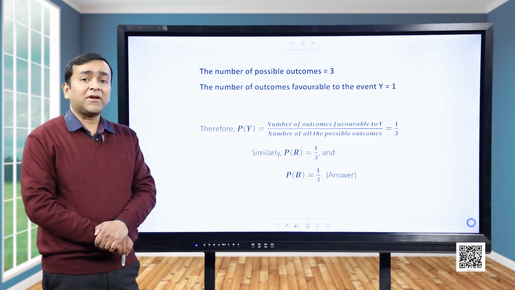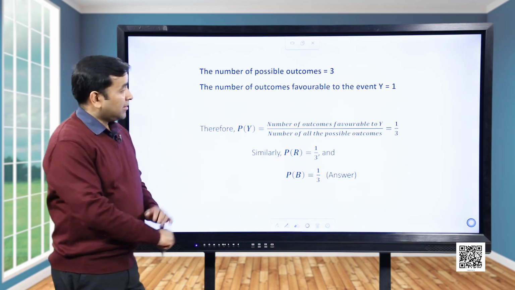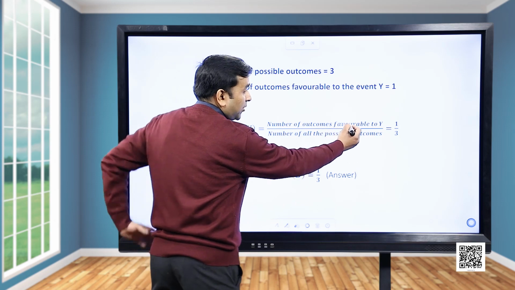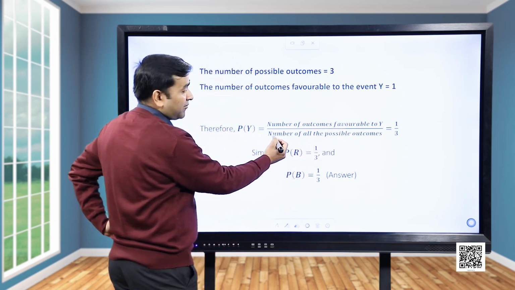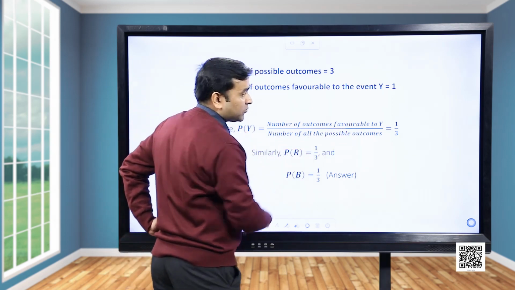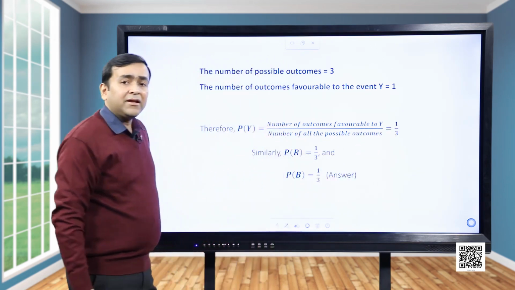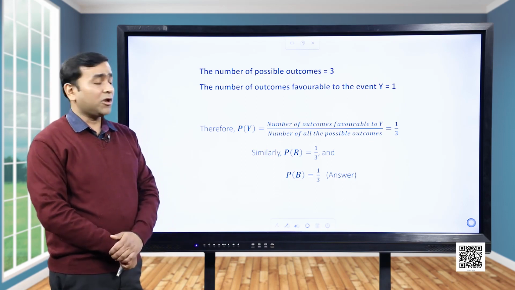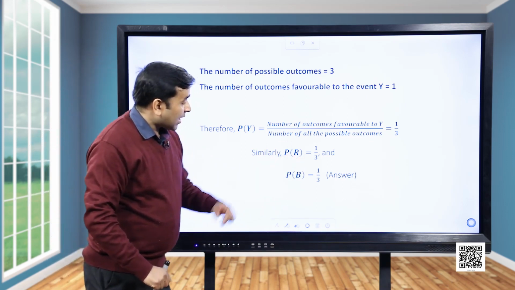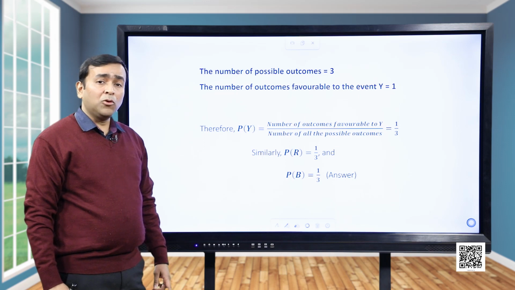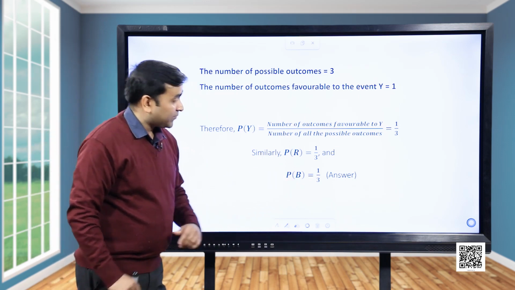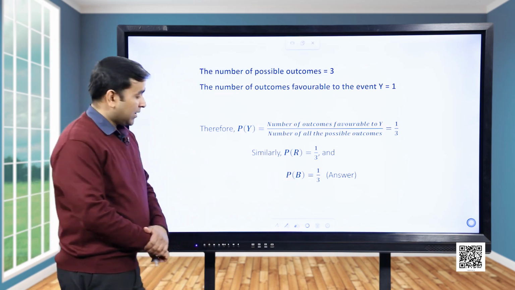The probability of taking out a yellow ball is 1 upon 3. Similarly, the probability of taking out the red ball is 1 upon 3, and the probability of taking out a blue ball is 1 by 3, and this is our answer.